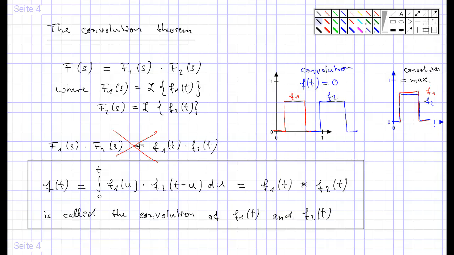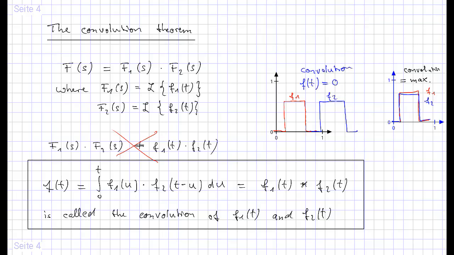If you look up convolution in Wikipedia, there will be a nice animation how two step functions like these are shifted above each other and what will be the result of the convolution. So it's a measure how much two functions are overlapping. And this is often a signal you measure in your system.